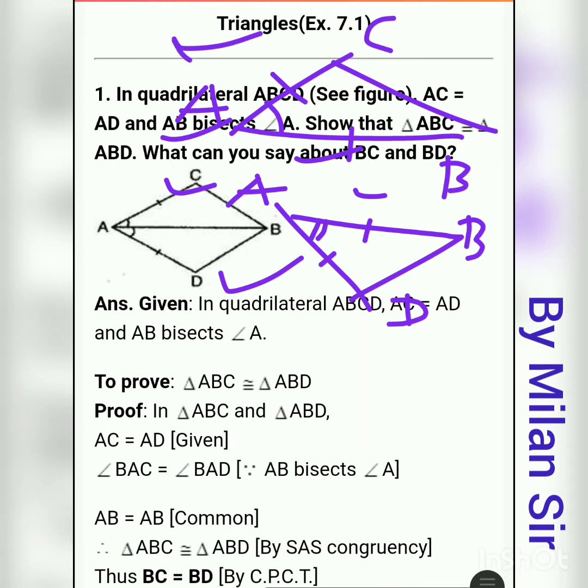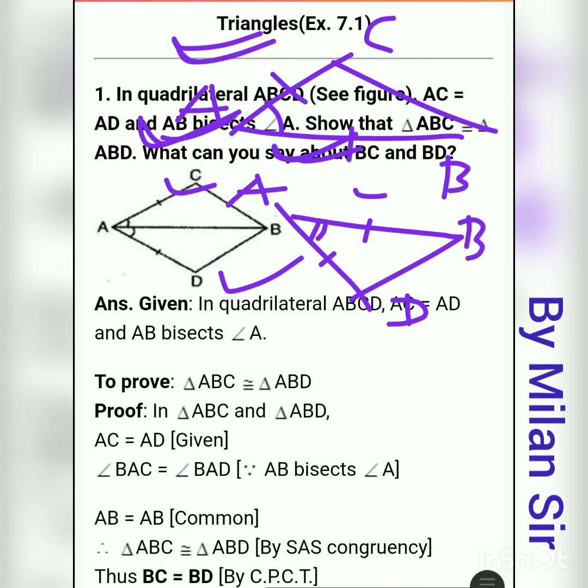So here one side, one angle, one side. So we can use the side angle side rule here, and our angle is the included angle, so we can use the SAS criterion here.